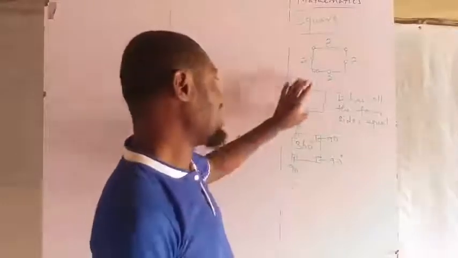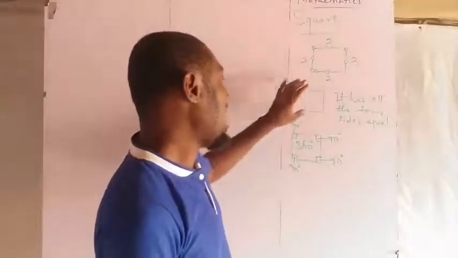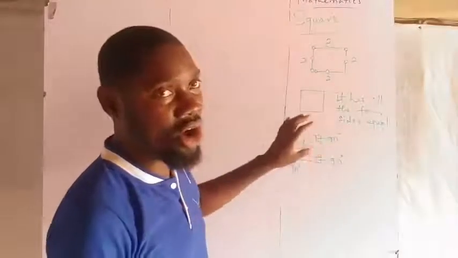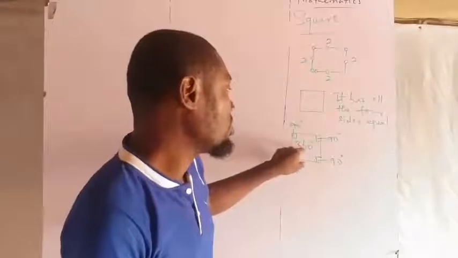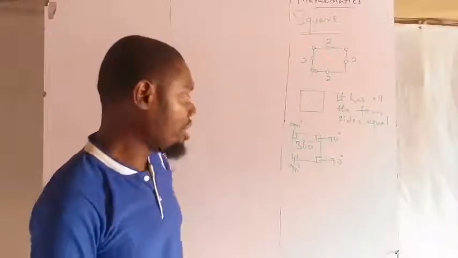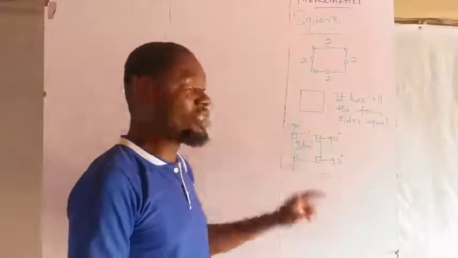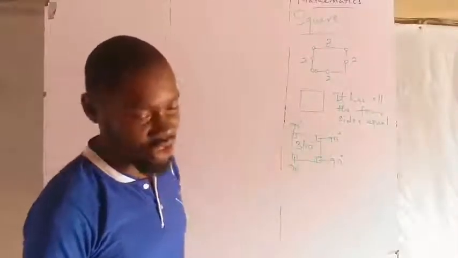A square, I said, has all the 4 sides equal. It has 4 interior or internal angles, and if you add all the angles, you have 360 degrees. All the internal angles are also equal. 90, 90, 90, 90. That makes it a square.